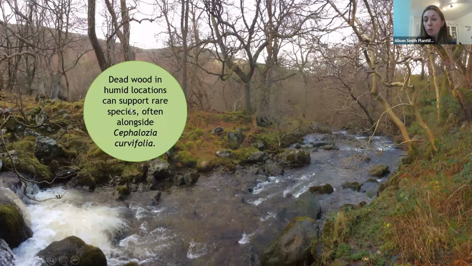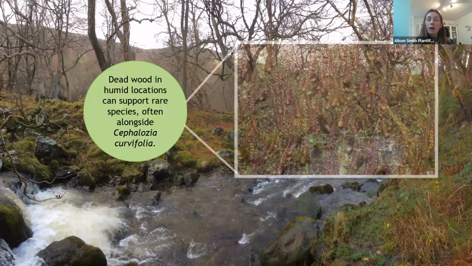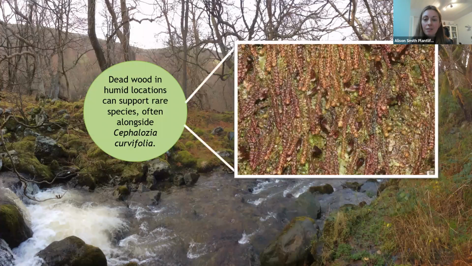Deadwood is a really important habitat for the bryophytes, particularly where it's in a humid location, again with a bit of canopy cover, helping maintain that humidity. And something to look out for, which you don't need to have expert identification skills to find, is this species here, Cephalozia curvifolia.